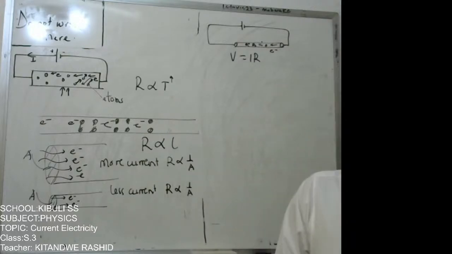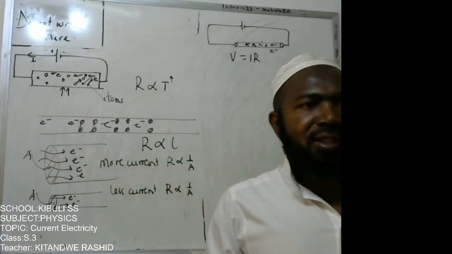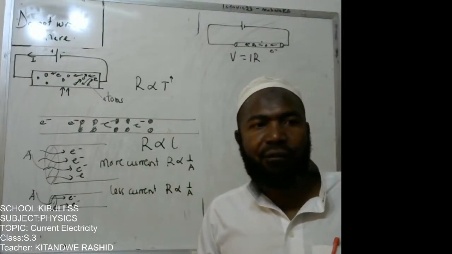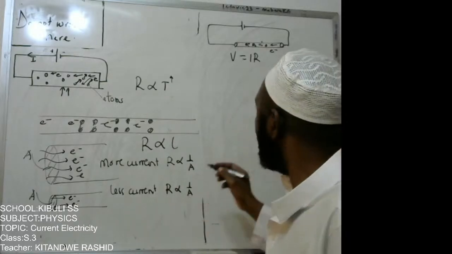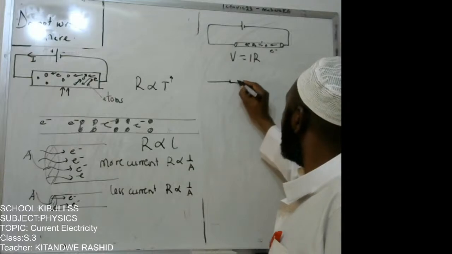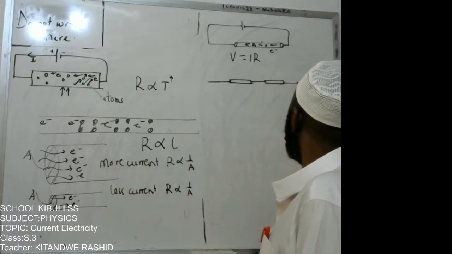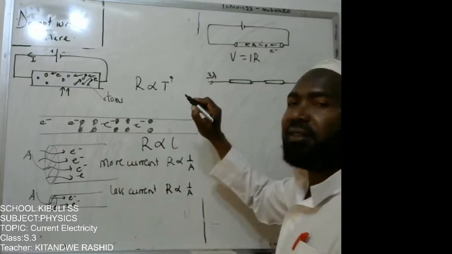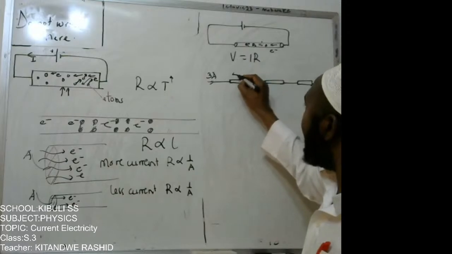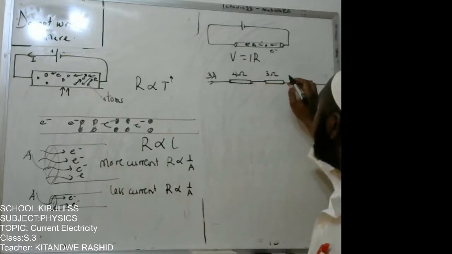And the first example here: if you have a current of 3 amperes passing through resistors of 4, 2 and 3 ohms, as you see in the diagram. The resistors are in series. The current is 3 amperes, and we have 4, 3, and 2.